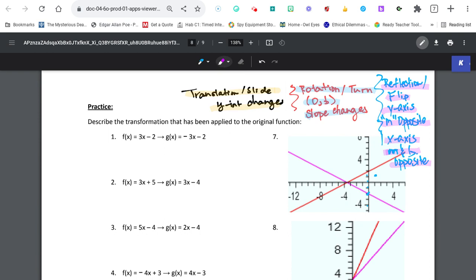So let's take a look at these practice problems and see if we can tell what transformation has happened to the original function. So in number 1, the original function is 3x minus 2. And then the new function is negative 3x minus 2. So I can see that the slope has changed to its opposite.